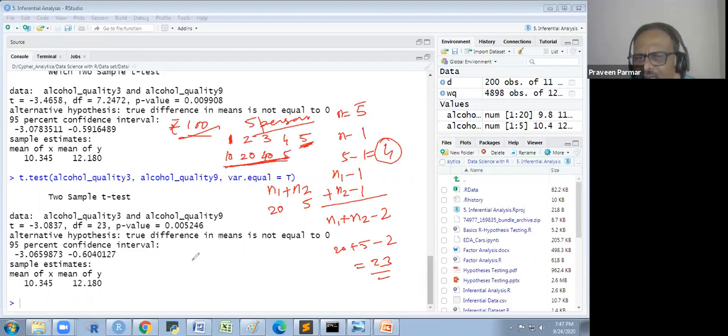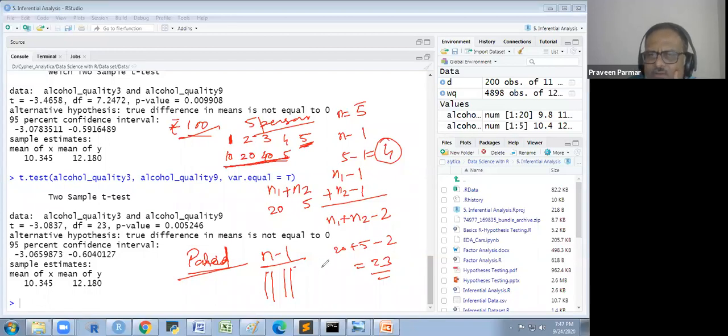But in the paired t-test, which we did earlier, it is n minus 1 only, because the number of observations should be the same in both variables, as we have seen in the previous test. I will explain that also. Just a moment.